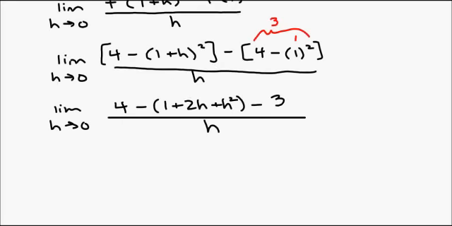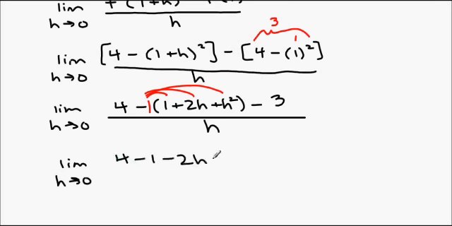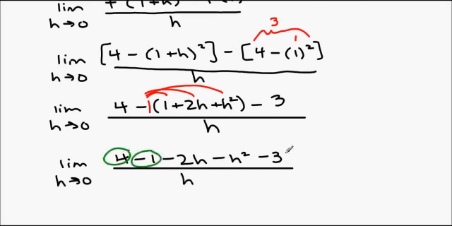Okay. And you need to distribute this -1 to these guys in here. So the limit as h approaches 0 of 4 minus 1 minus 2h minus h squared minus 3. And if you look for your like terms, you'll see 3 numbers here, here, and here.